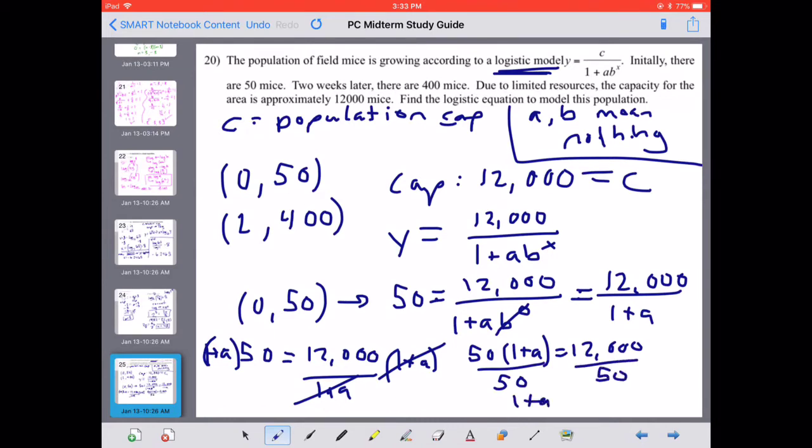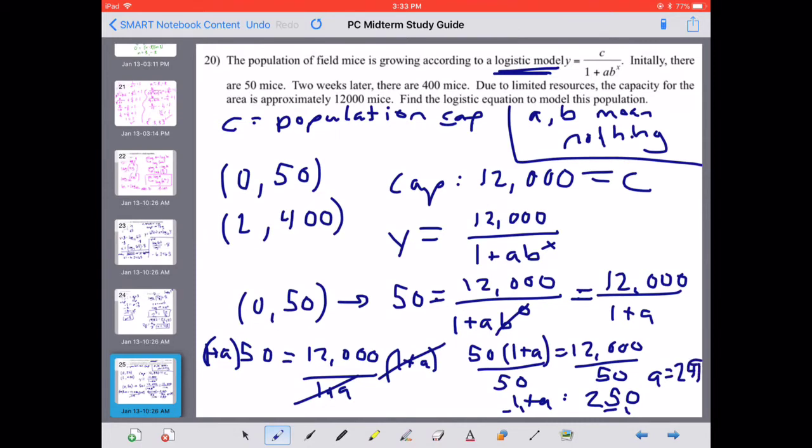So we get 1 plus a equals, trying to do this in my head right now. We get 250. So then we would need to subtract 1 on both sides. So we do get, and I'm sorry for the mess, a equals 249.